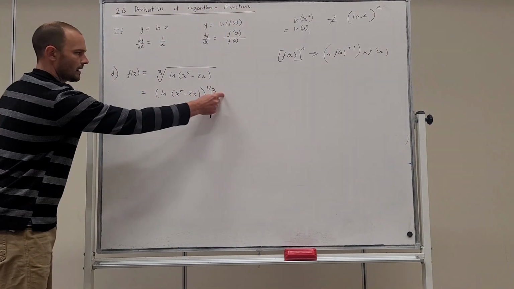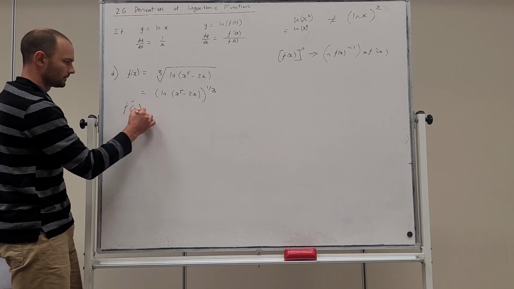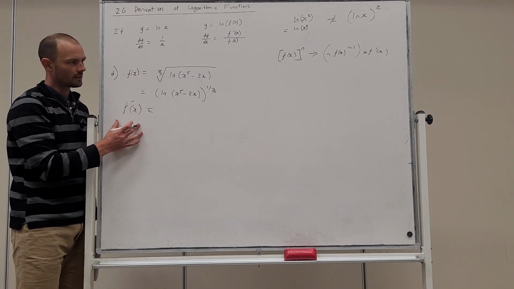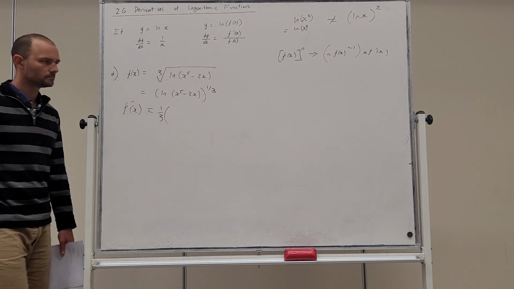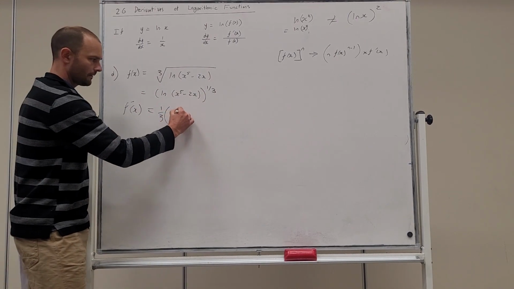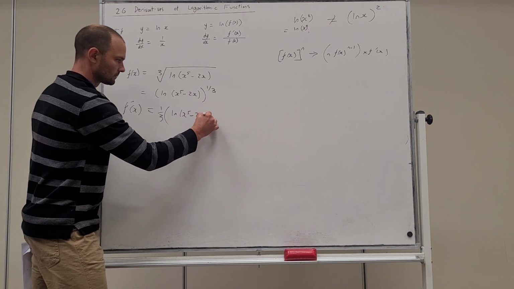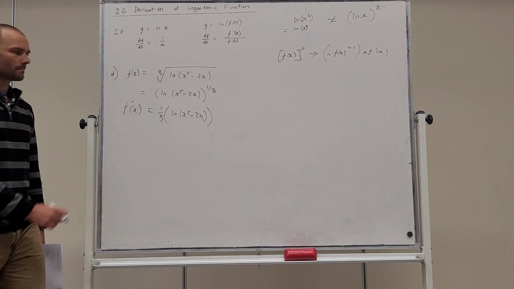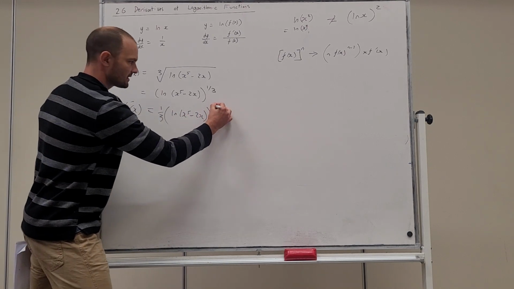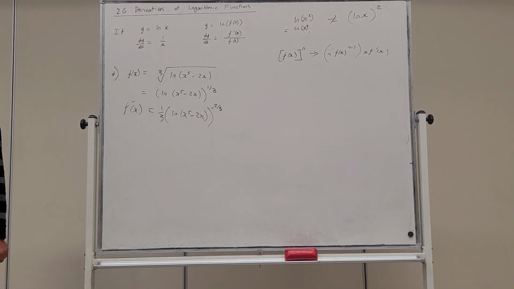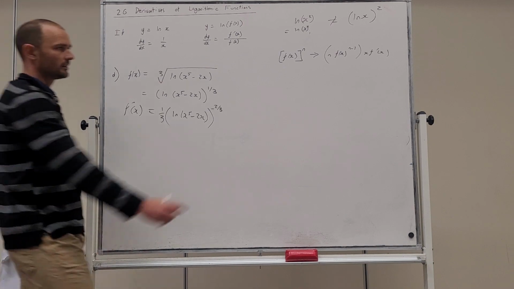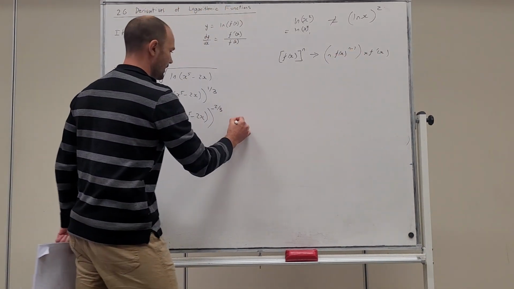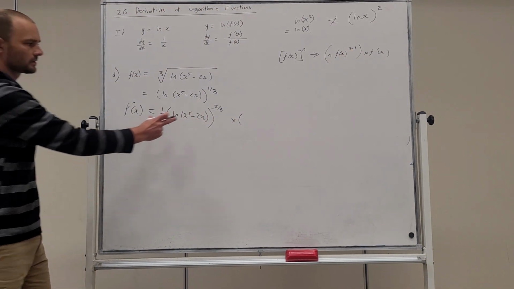So, function to the power of n, let's write the derivative. f(x) goes to f'(x). So, the n, the third, comes out the front, then f(x)^(n-1), multiplied by the derivative of what's inside here.